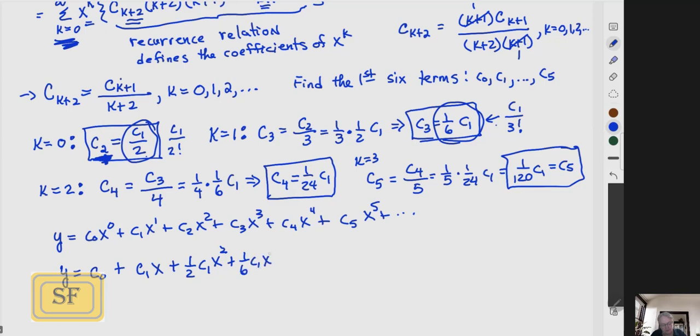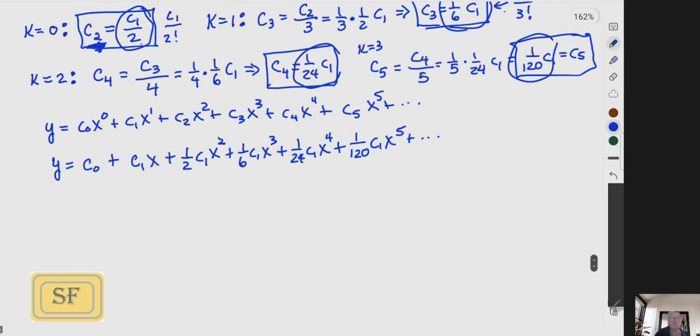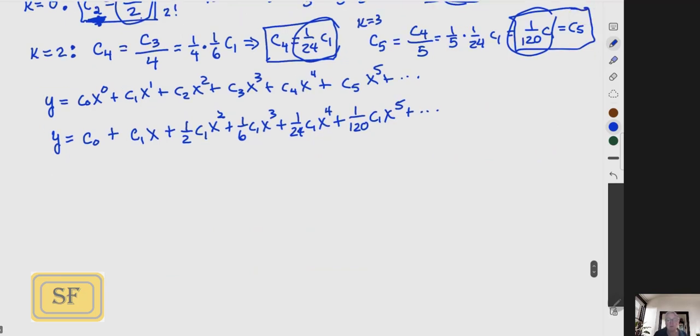That's my x to the third. And then plus C4 is 1 over 24 C1, x to the 4. And then my x to the fifth is 1 over 120 C1. Plus, and so forth.